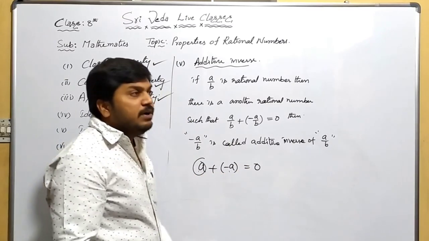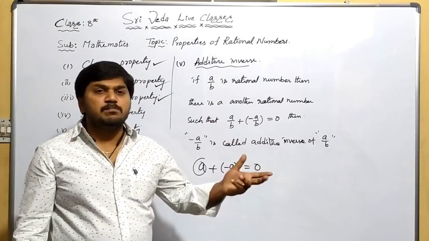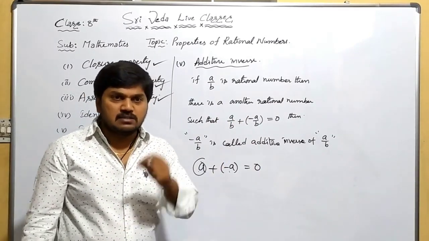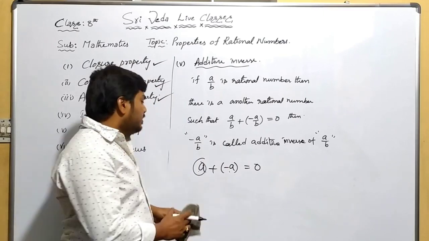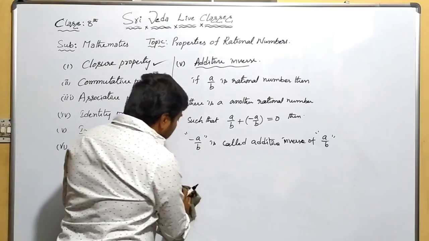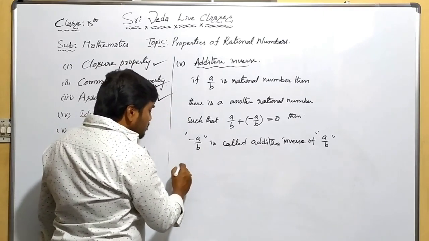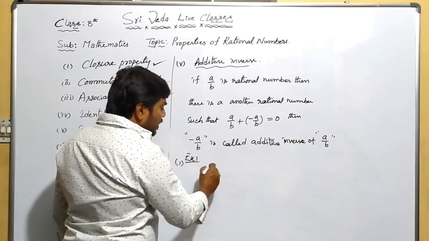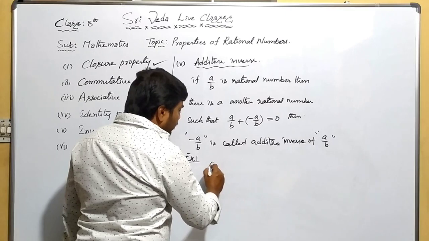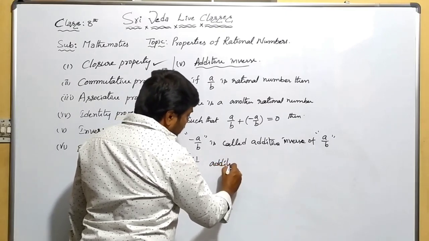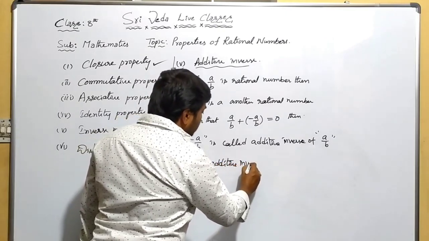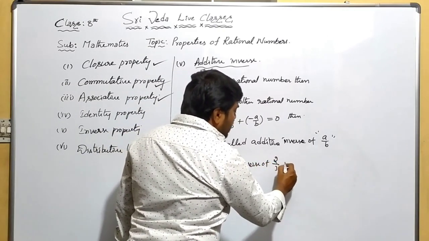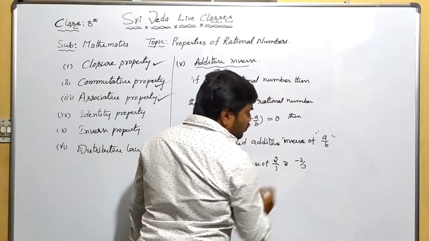So additive inverse means opposite sign. See, like this example. The first example: the additive inverse of 2 by 3 is minus 2 by 3.